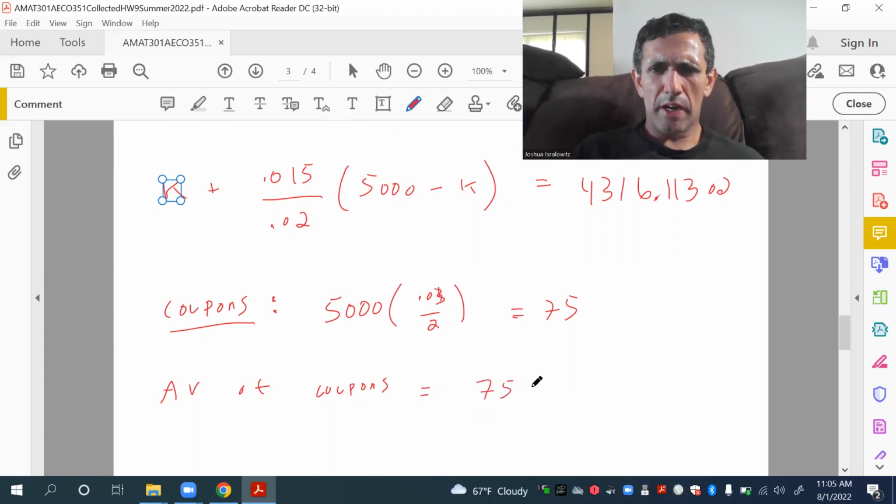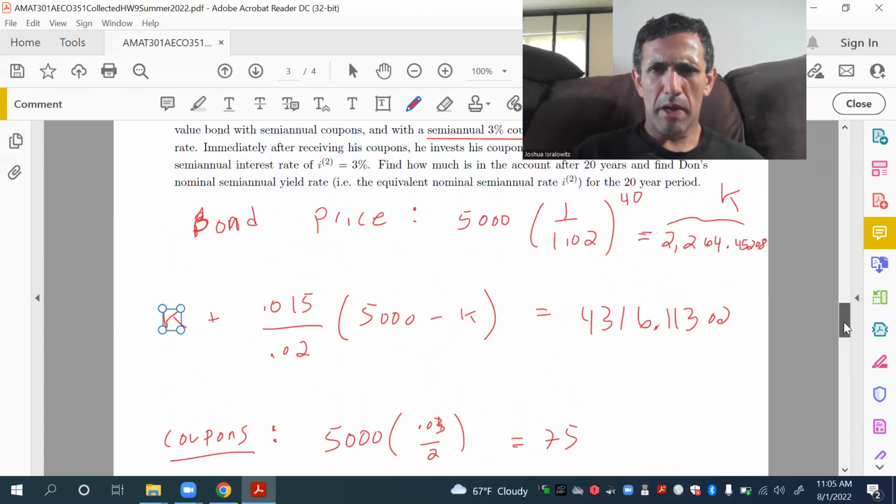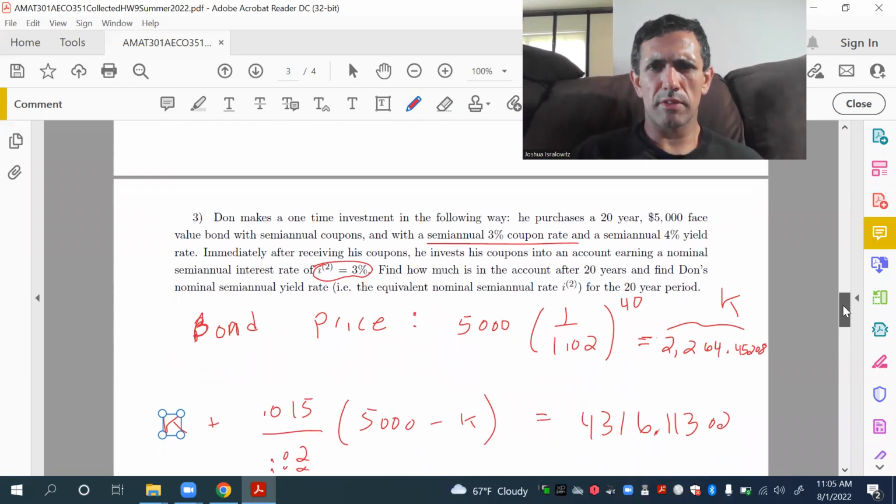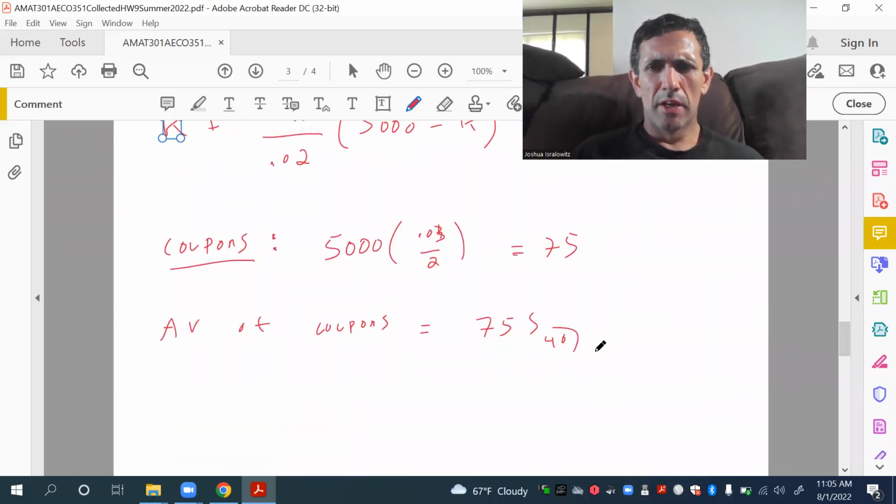So it's 75 s angle 40, 40 coupon deposits, 40 coupon payments. Yeah, sorry, there's a lot here. The account earns 3% semi-annual nominal interest rate, so the actual 6-month interest rate is 1.5%. So it's 4070.09205.